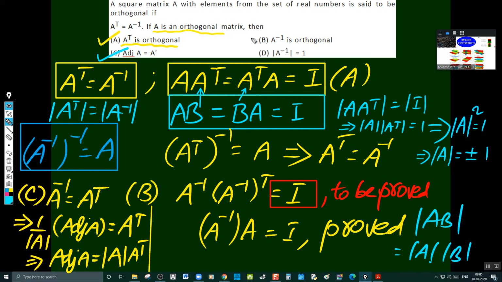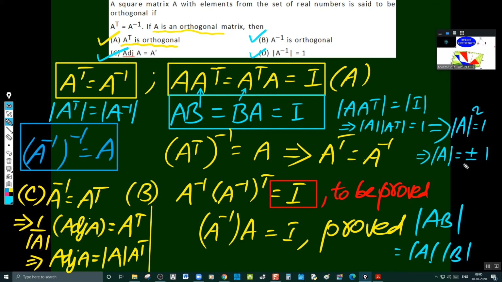So what are the options here? A, B, D. But what I doubt here is that we are getting det A equal to plus or minus 1. Two values are there for det A. If he has taken only plus 1, this is right. And if he has taken only the plus value, this is also right.